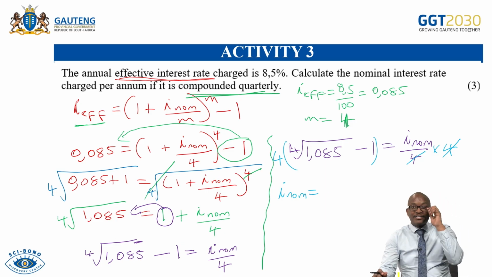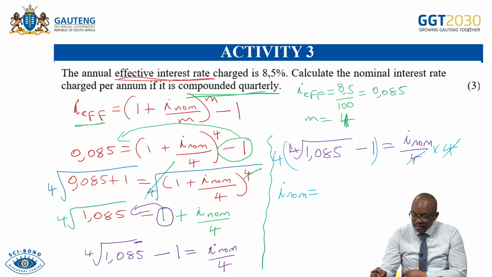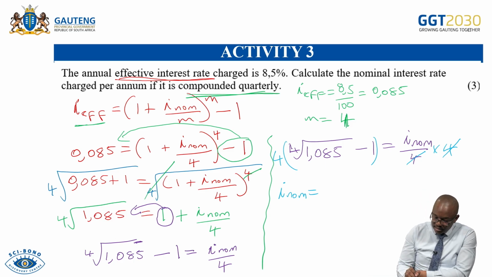Now you can go and punch your calculator. So you're going to have 4 open bracket, then the 4th root of 1.085, minus 1, correct?